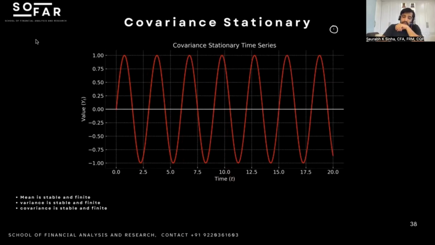What are the other observations? What is constant? The range of y is fixed, not growing. Basically, I'm writing range of y. Range of y is constant.